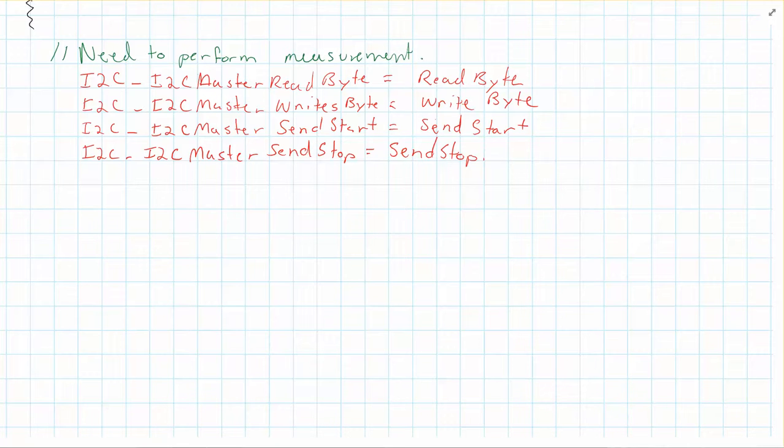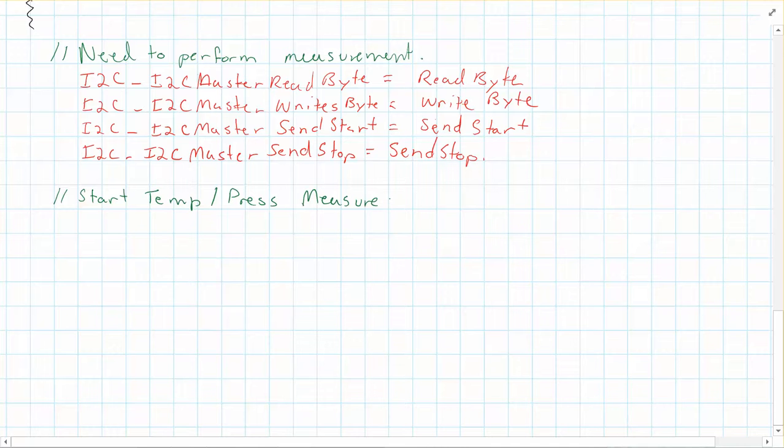Okay, so in this code here, the first thing is we need to perform a temperature measurement. So maybe I should write that down again here. Start temperature and pressure measurement. Okay, well then what do we do here?